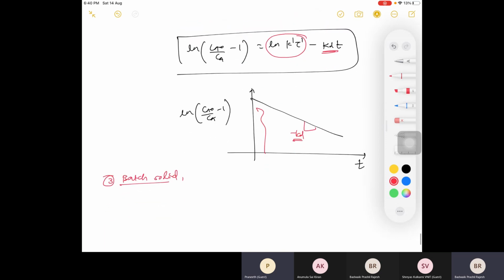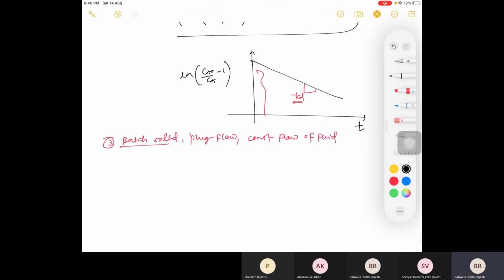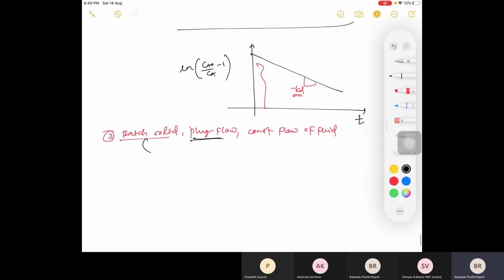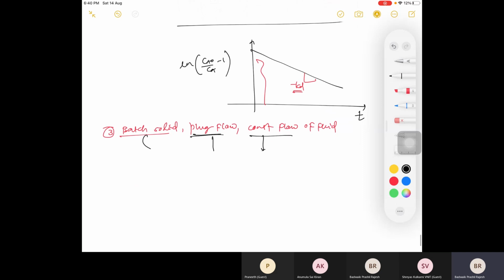So I'll be having batch solid, plug flow, and there will be constant flow first, right? Constant flow of fluid. The equation will be same, just there will be an integration because it is plug flow. So batch solid you know, then constant flow you know, and plug flow you know.